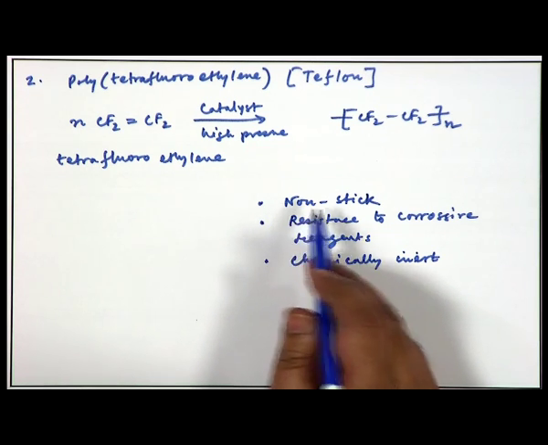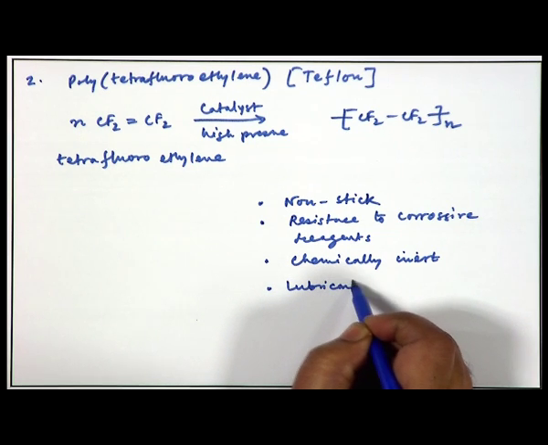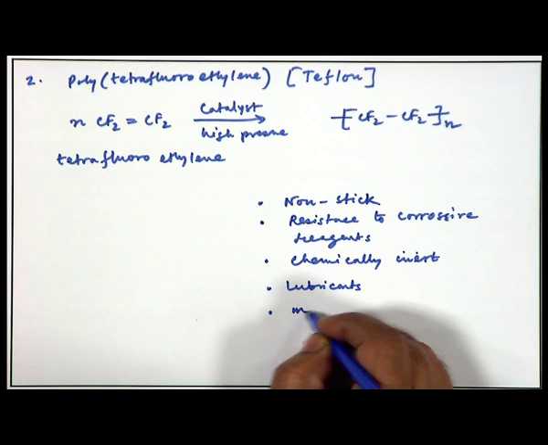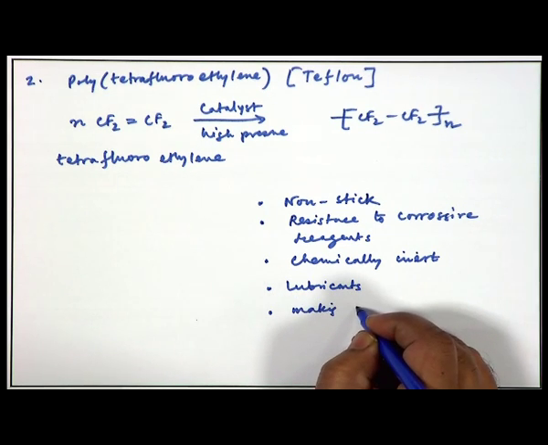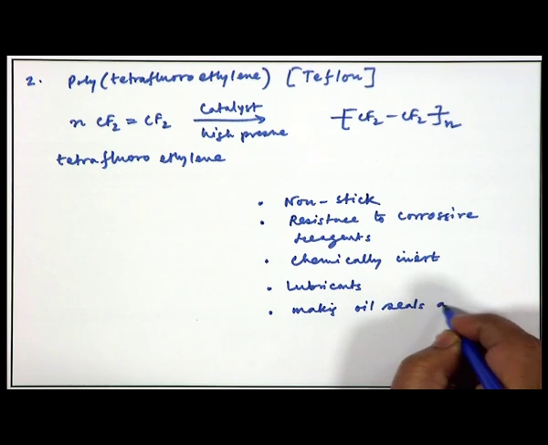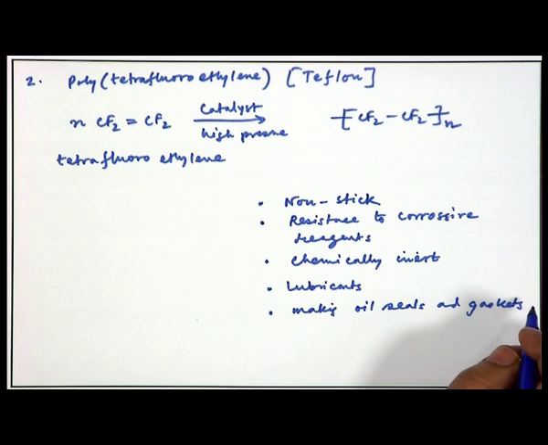So, it is low friction, so it can be used as a lubricant as well, and also it is used in making oil seals and gaskets. This is a very important polymer.